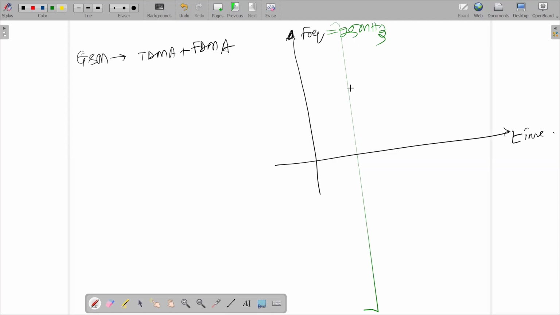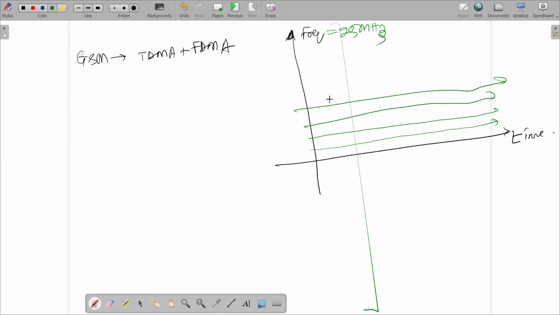This 25 megahertz is divided into channels of 200 kilohertz each, so a total of 125, one given for the guard band. Each one is 200 kilohertz.